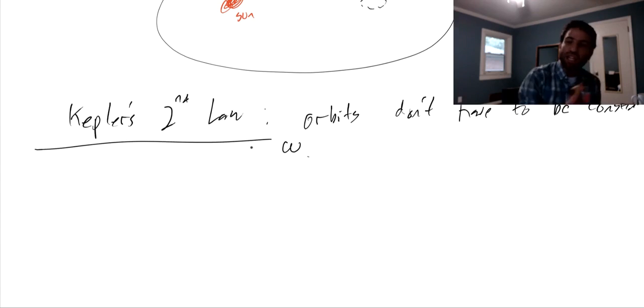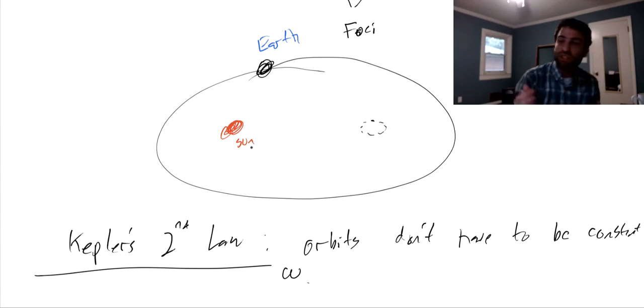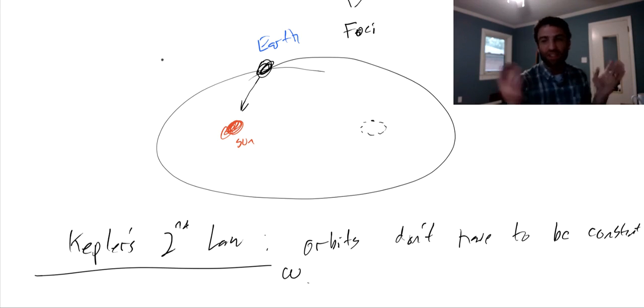Actually, we recognize this if we think back to our conservation laws. This is a consequence of the conservation of angular momentum. The force of gravity, say the force on the Earth due to the sun, points directly towards the sun and is not exerting any torques on this planet. So the planet's angular momentum is actually constant as it orbits around, in this case, the sun.